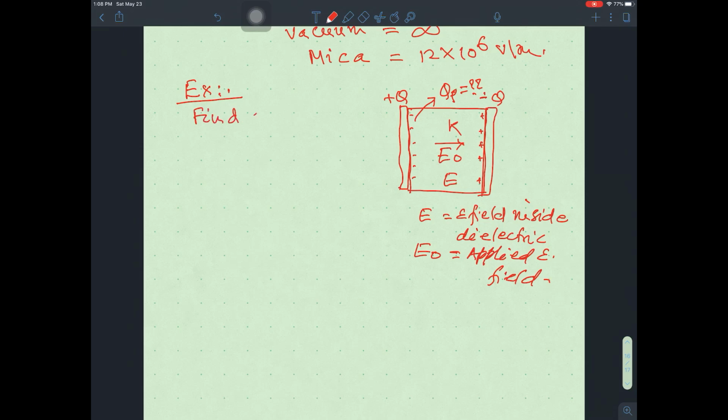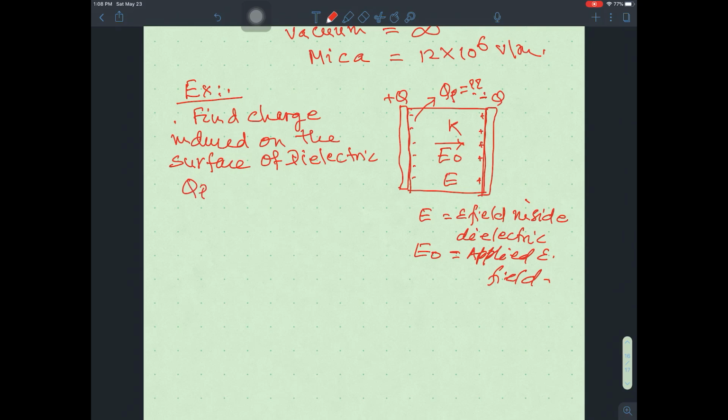Find the charge induced on the surface of dielectric, QP.